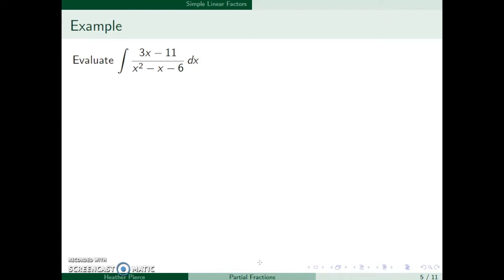Let's look at one more, and this time we'll actually take it a step further and integrate. So we can see that this denominator is going to factor into x minus 3, x plus 2. So I get 3x minus 11 over x minus 3, x plus 2, is equal to a over x minus 3 plus b over x plus 2.